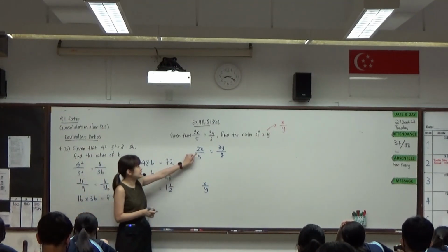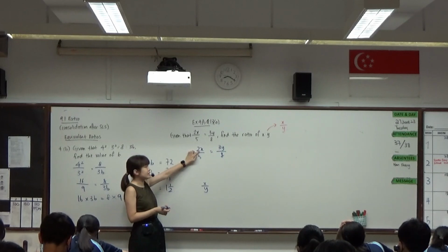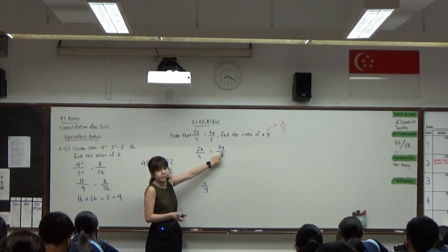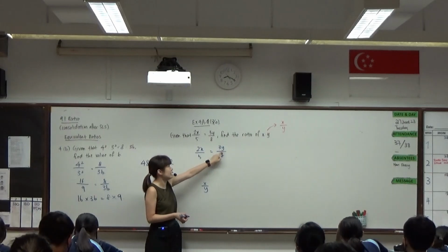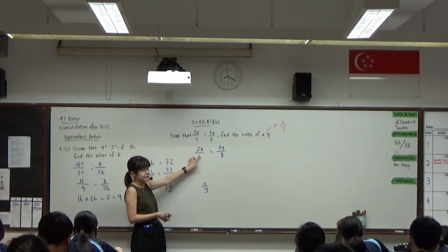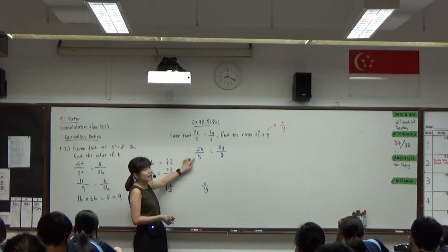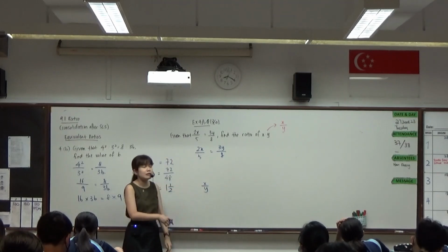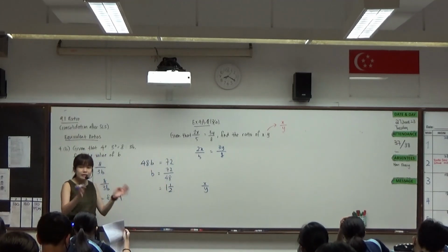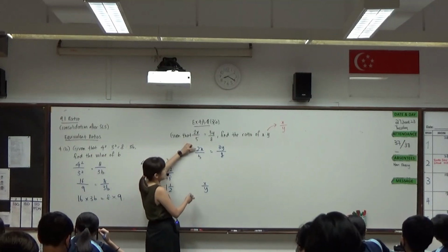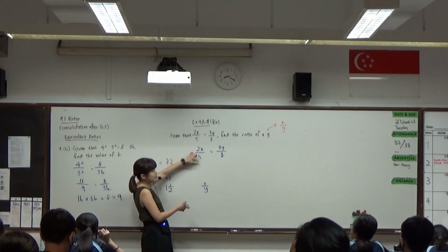So we see that x is already on a numerator of a fraction, but my y is on the other side. So I need to figure a way to bring my y over to this side and in the denominator, and then all my other numbers to the other side. So it is similar to what we have learned in our linear equations, how we bring things over. First of all, this is 2 times x divided by 5.